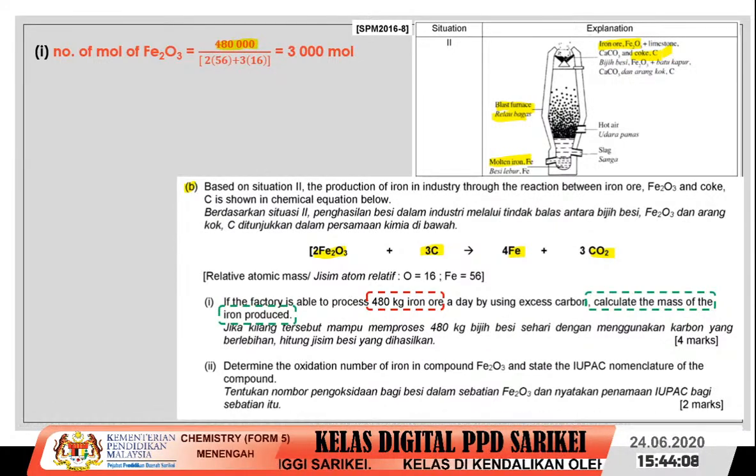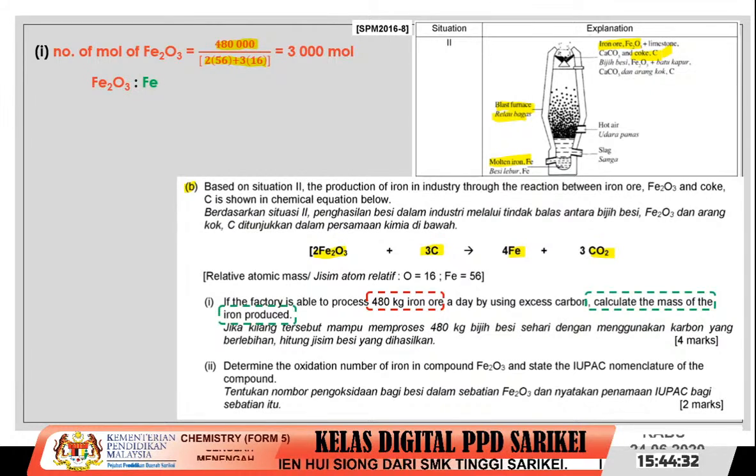Divided by the relative formula mass of iron(III) oxide, then you can find out the number of moles is equal to 3,000 moles. So we have 3,000 moles of iron ore in the blast furnace.